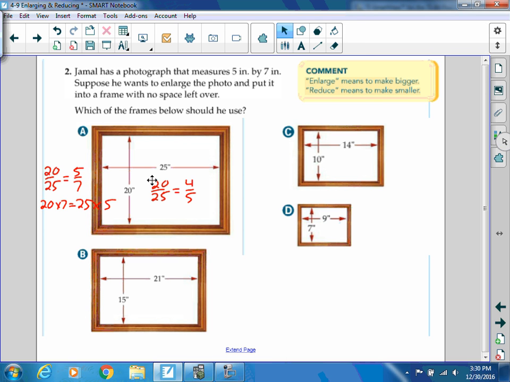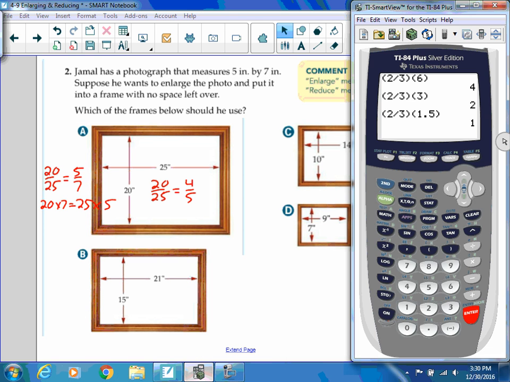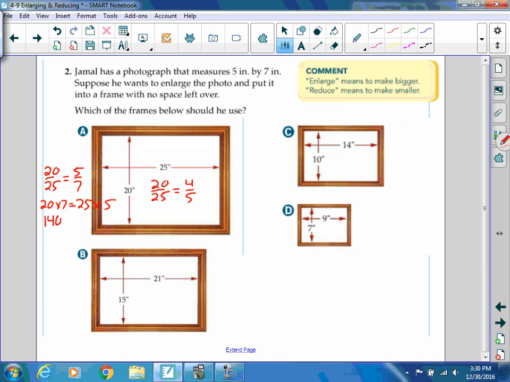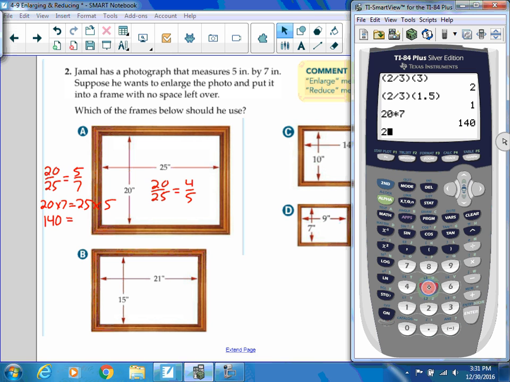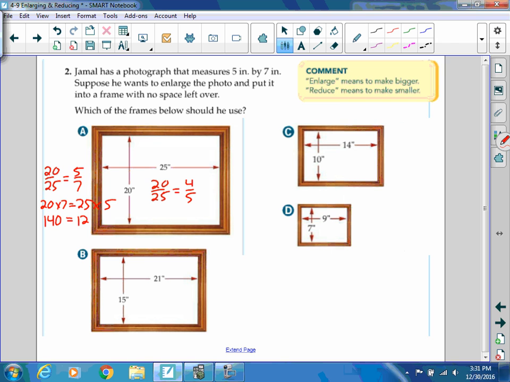So if we check that, 20 times 7 equals 140. And 25 times 5 equals 125. So they don't come out equal. So A does not work. So I would not circle A.